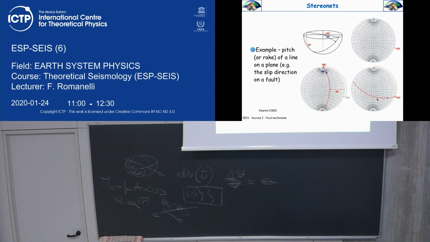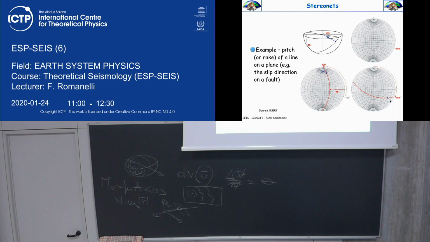All the dots here in different positions can describe different slips at different angles. Remember that you have to think about the sign of that point because you also have to express something that is thrusting, but you cannot see it because you're taking just the lower hemisphere. So you have to remember that this could be plus or minus in some way. And the inner part will be black or white.